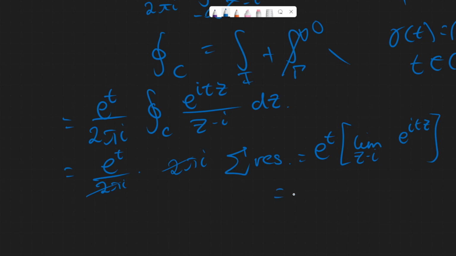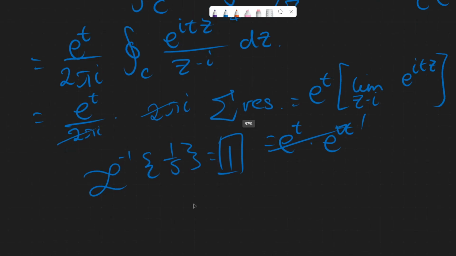We just see that this is equal to e to the t times e to the minus t, which goes to 1. Therefore, the Laplace inverse of 1 over s is equal to 1. There we go. There's the answer, solved.